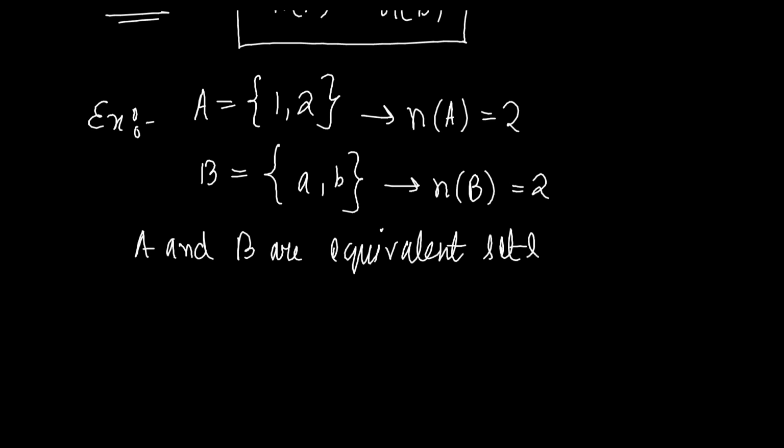Why? Because the number of elements in set A and in set B is equal to 2, no matter what the elements are. Elements can be different. The important thing is that the number of elements should be the same. If two sets are equivalent, they must have the same number of elements. If A contains 3 elements, B will also have 3. If A contains 7 elements, B will also have 7. That is the condition of equivalent sets.